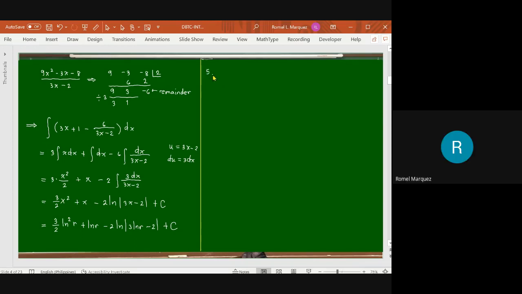Number 5. Let's see if you can solve this. I want to try this one.